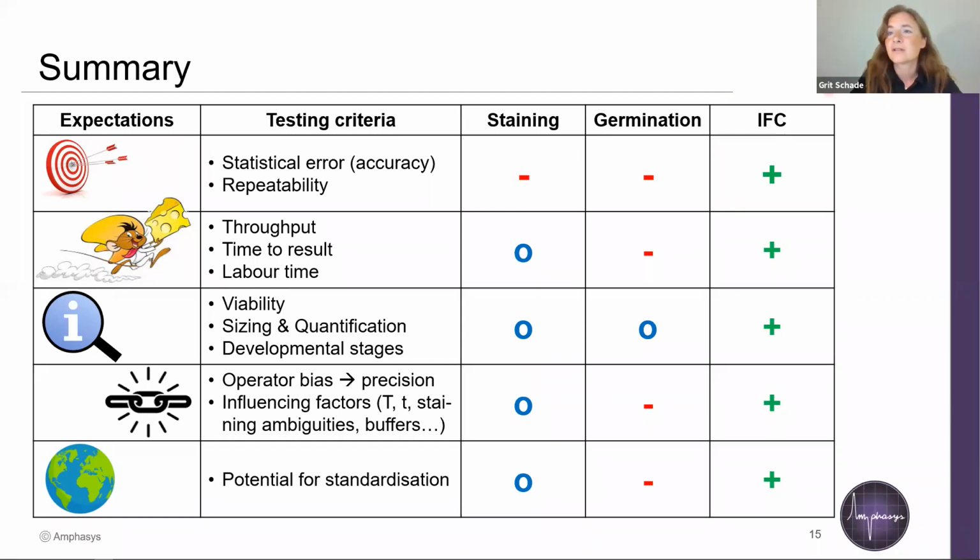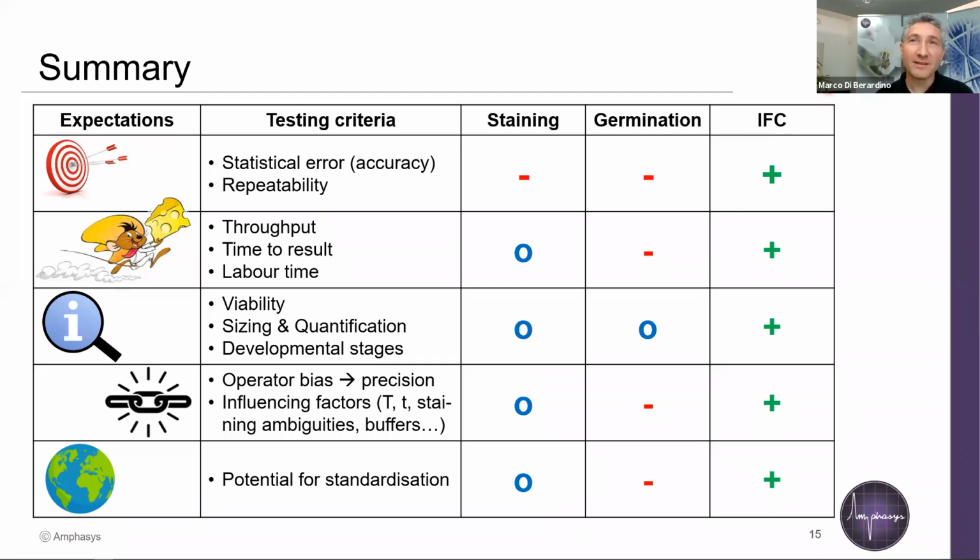There came up a general question if it's possible to purchase our germination buffers. To buy them. Okay. Well, this is an interesting question. I can understand that people would like to use it, but for me, as I just told you, doing germination is so cumbersome as compared to IFC on the one hand.